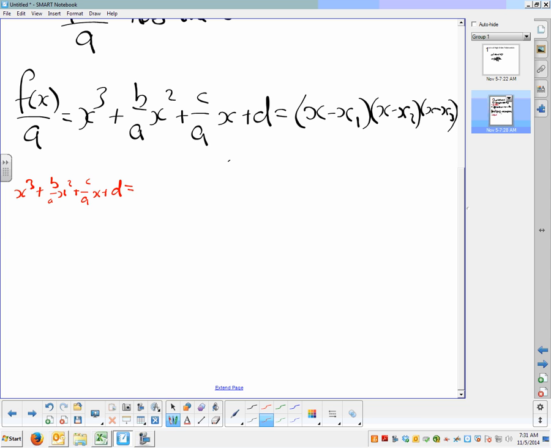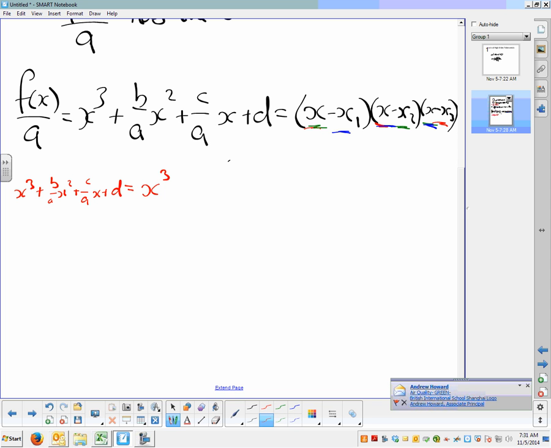If I expand that out, I'm going to get x cubed, and then the x squared terms will come from x times minus x3, or from x times minus x2, or from x times minus x1.